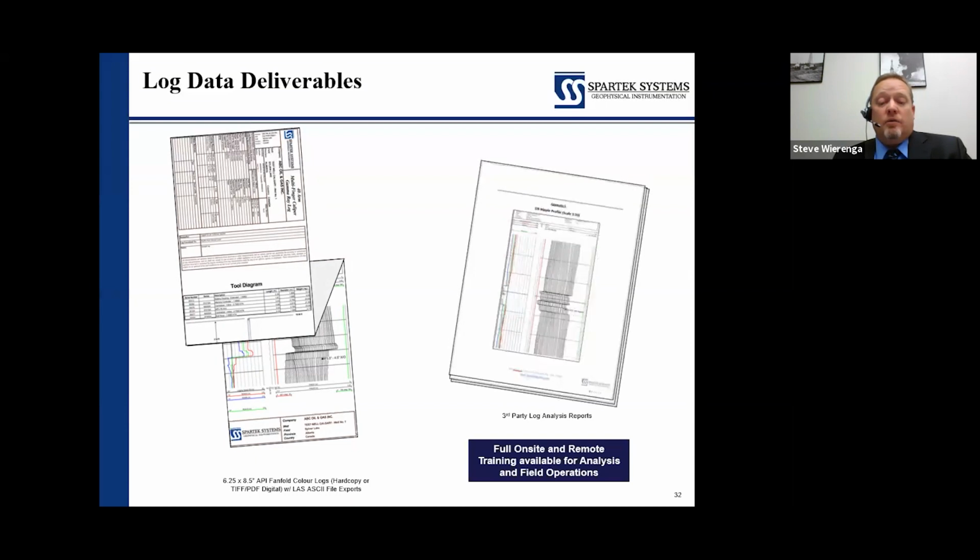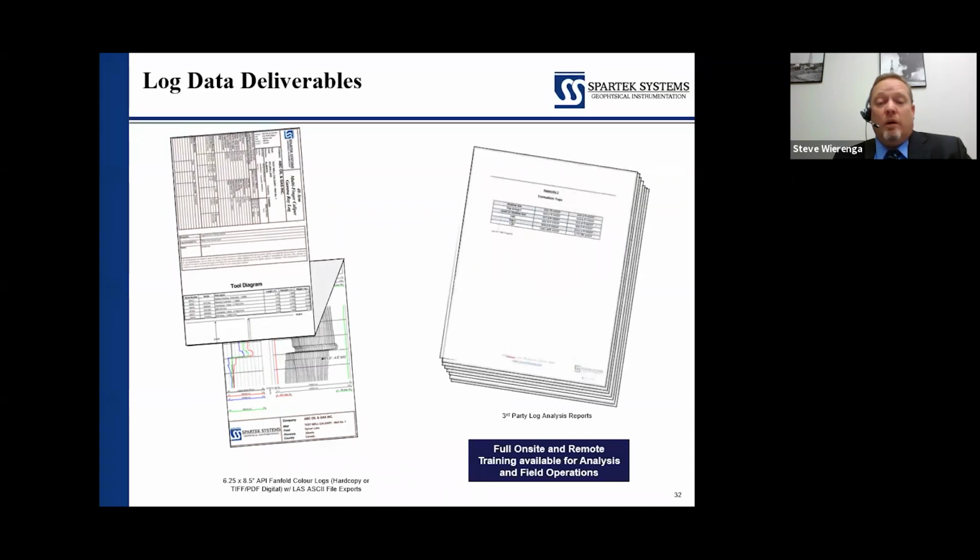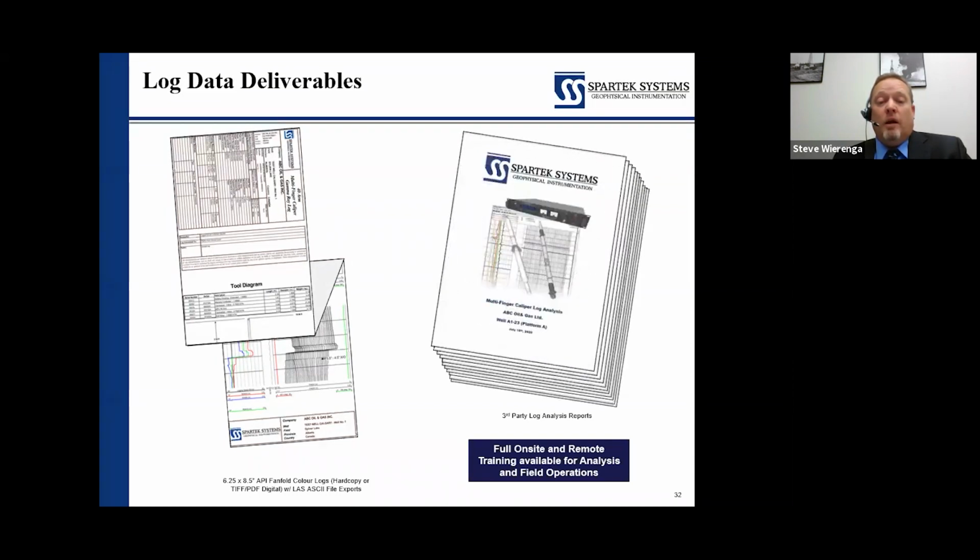As well, we're able to provide full reporting. This can be third party, or we can do training in-house to get your team up to that level. And as I mentioned before, all this data is fully compatible to be exported into third-party analysis software. So if you're trying to add this to multiple data sets and to field analysis, then that data can be easily brought over and applied to a full database.